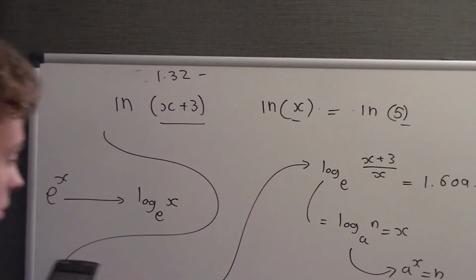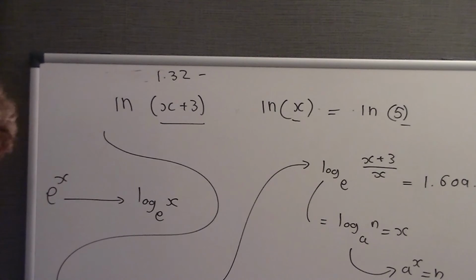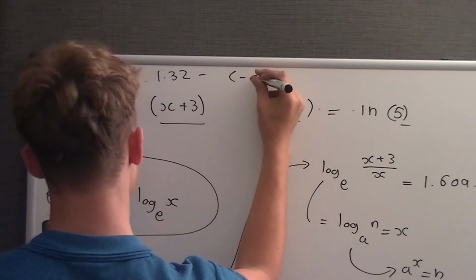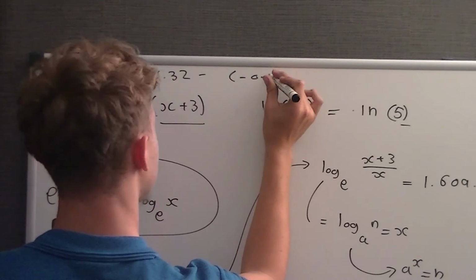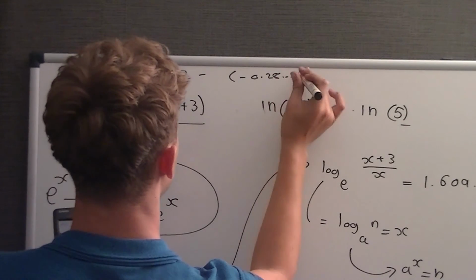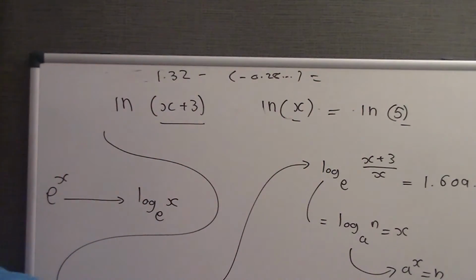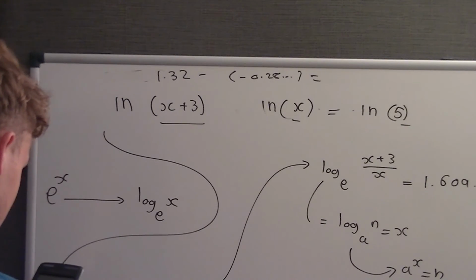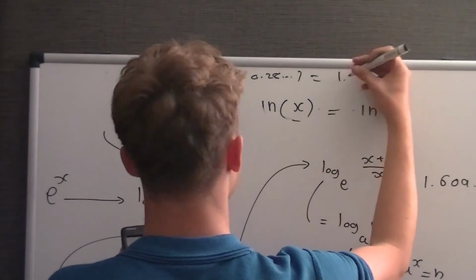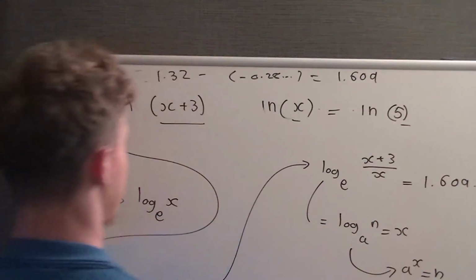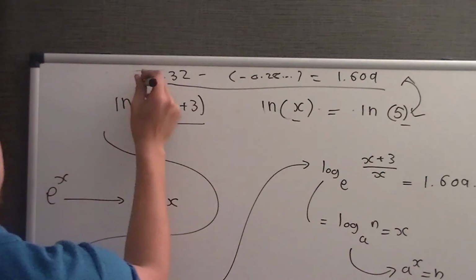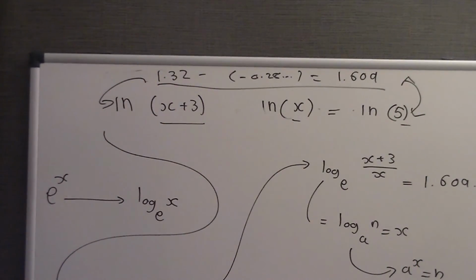Take ln of 0.75, because we're just substituting x into the equation here. That's take away minus 0.28 should equal the ln of 5, which is 1.6909, and it does. So that is the same as that. Hence, we have proved x is the correct answer.